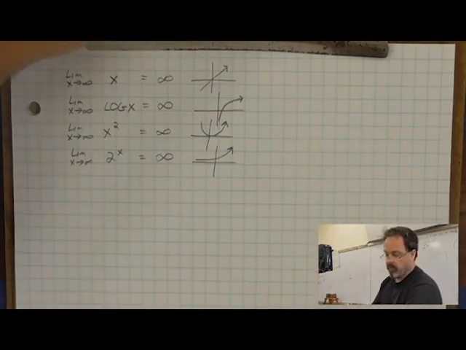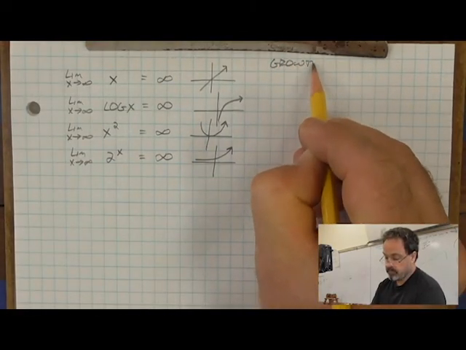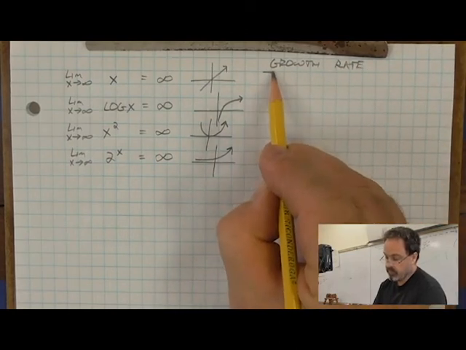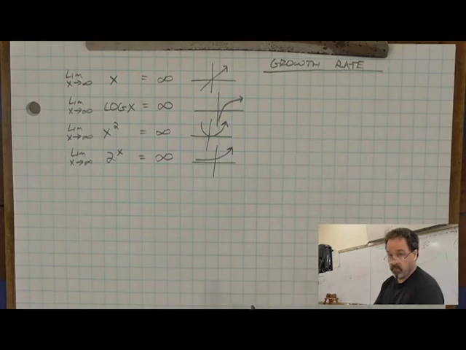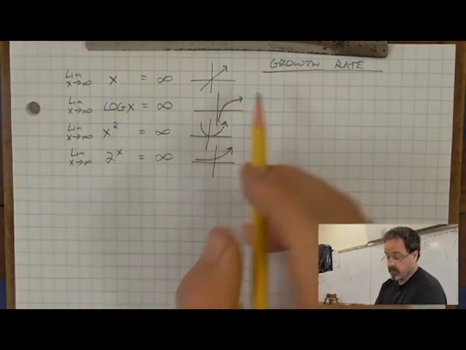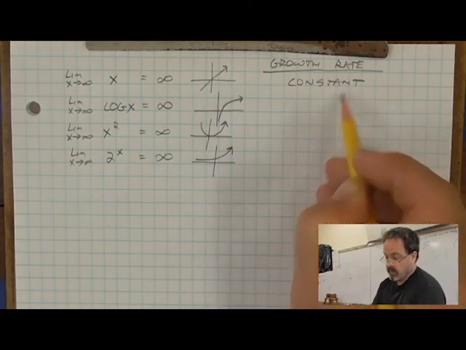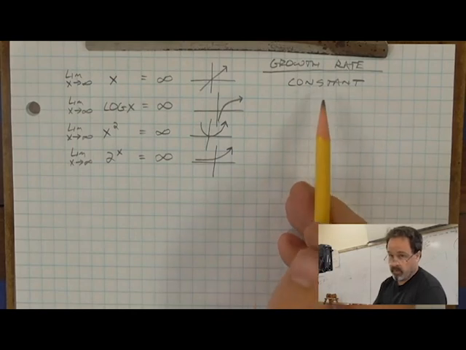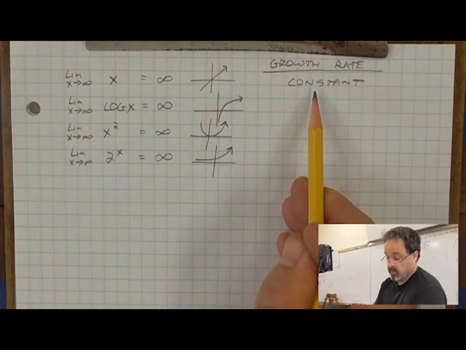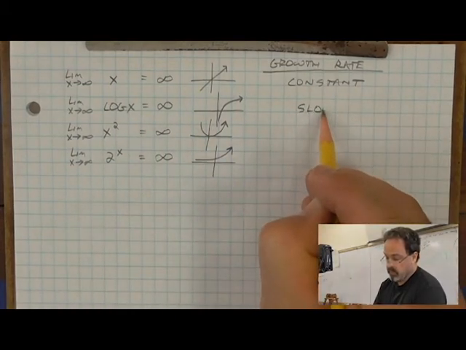But what about the rate at which they grow? We can compare them, and this is just going to be a description. The growth rate of a parent line or any linear function is constant. And that constant rate of growth, we have a special way of analyzing it. It's the slope of the line. The growth rate of a log is very slow.